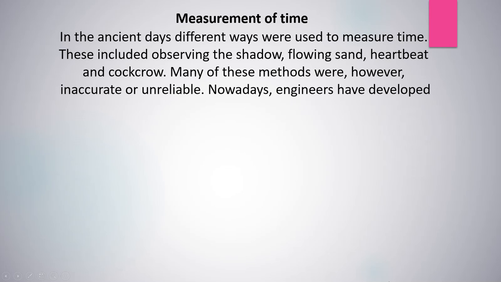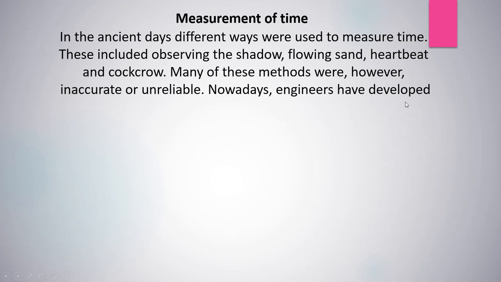For example, somebody would just monitor the shadow of a tree and say, if it is here, then it is 8 a.m. If it is here, it is noon. If it is here, it is 4 p.m. Then it is 6. But those were estimations and were not accurate.